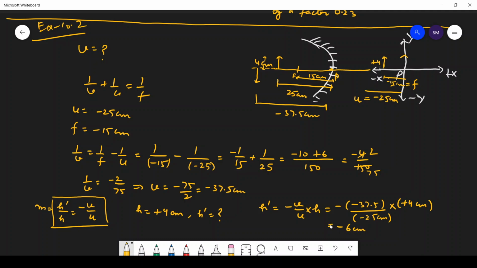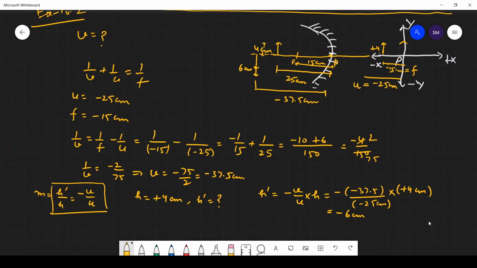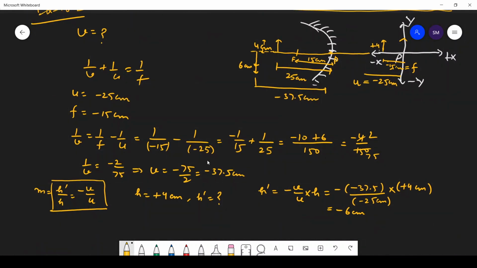So it means the image you will have is, this is the image you have at a distance minus 37.5, and it is 6 centimeter. So it was 4 and it is 6. So it is 1.5 times enlarged. You can clearly see. So this negative thing is telling you that the image is actually inverted.